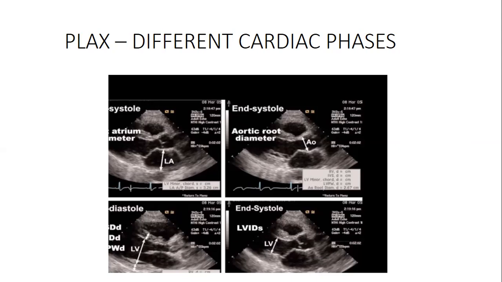For example, if the maximum velocity to be measured is maybe 1.5 meters per second, I'm just giving an example, this 1.5 is the Nyquist limit. This is how much pulsed wave can measure. It can only measure a maximum of 1.5 or 1.7 meters per second.